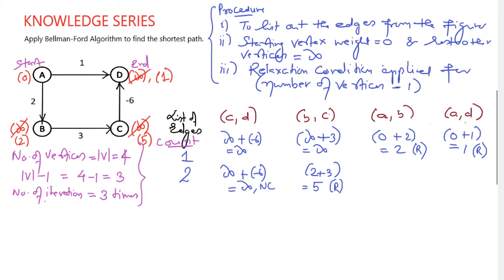Now AB, 0 plus 2 is 2, no change. Then AD, 0 plus 1 is 1, no change.